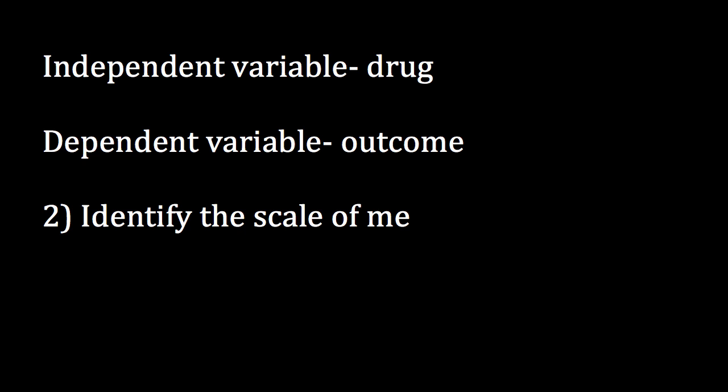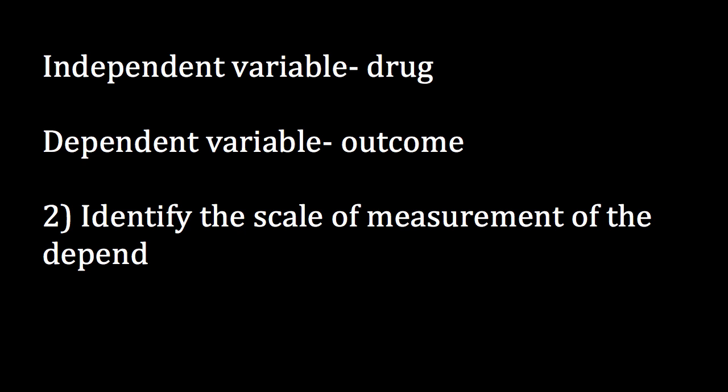So our next objective to work through that figure that I showed you is to be able to identify the scale of measurement of the dependent variable. This is going to be classified in three major categories, and the first one being nominal.